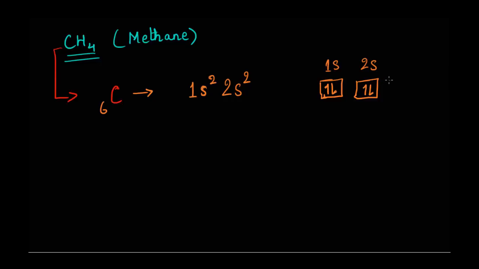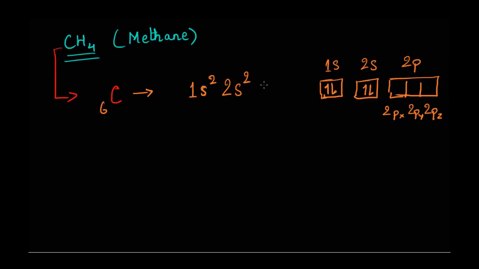Now if we talk about the p orbital, the p subshell has 3 orbitals. If I talk about the 2p subshell, it has 3 orbitals, which are 2px, 2py and 2pz. Now how many electrons are left to fill?